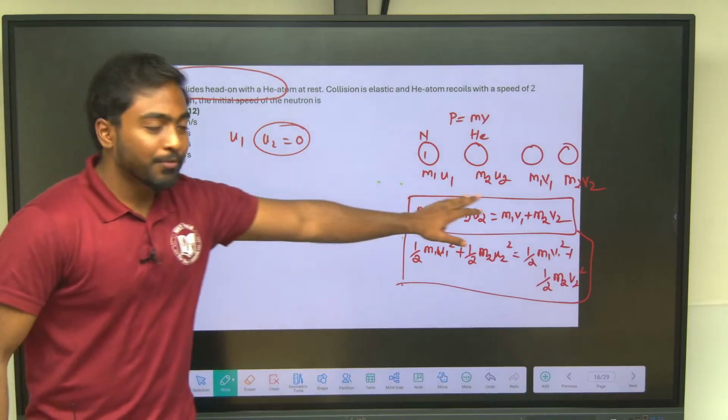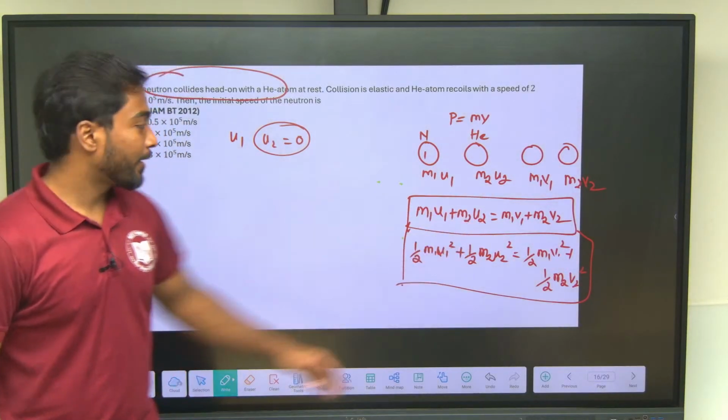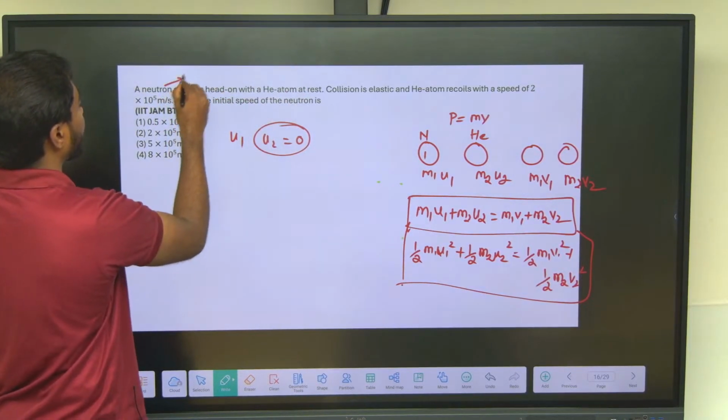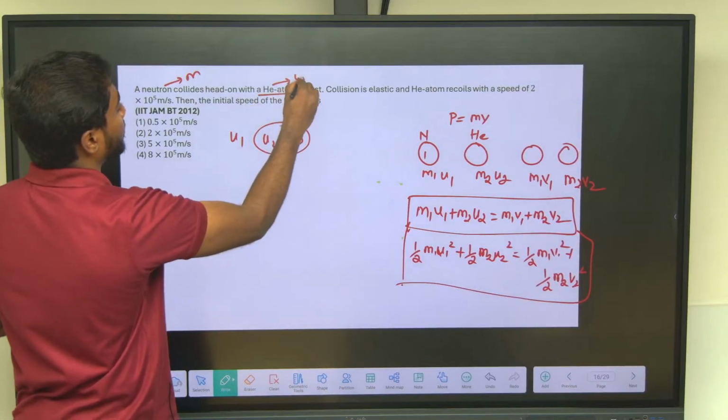So we got the relation for m1 and m2. Neutron is m and helium is 4m.